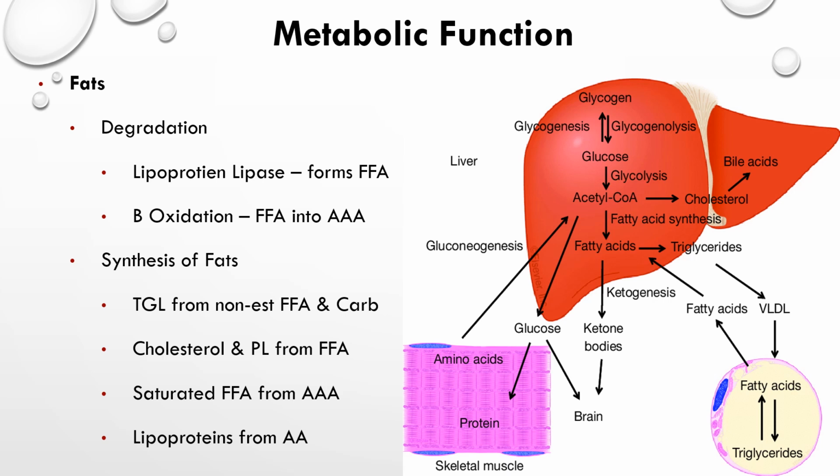And then synthesis of the fat also happens in the liver. The liver synthesizes triglycerides from the carbohydrates; cholesterol and phospholipids are synthesized from the unused free fatty acids. Saturated fatty acids are synthesized from the active acetoacetic acid, through the Krebs cycle.